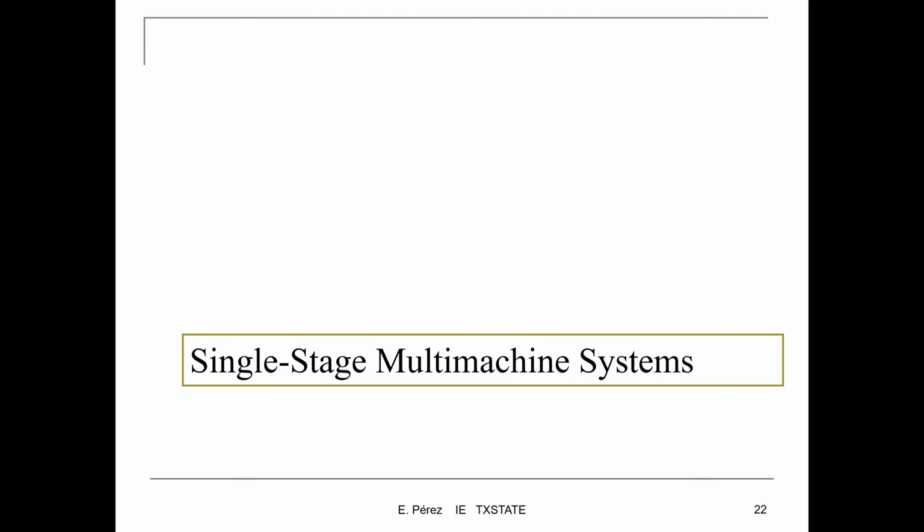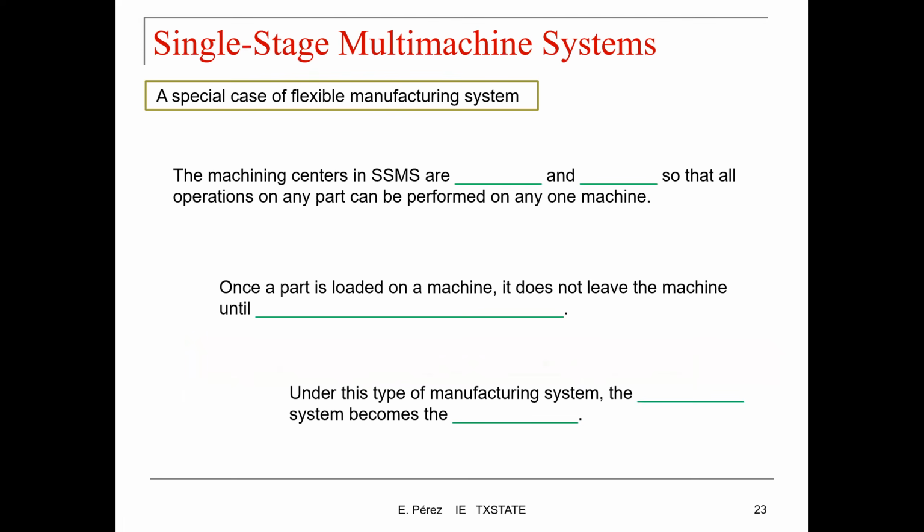So next, we are going to discuss the single-stage multi-machine systems. Single-stage multi-machine systems are a special case of flexible manufacturing systems.